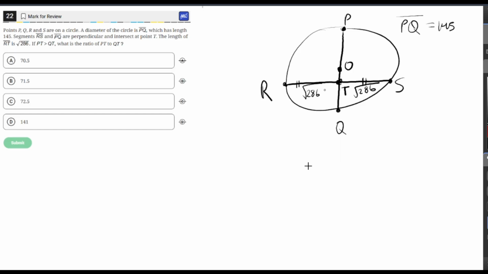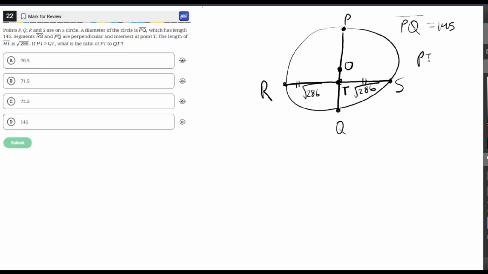So it's saying if PT is greater than QT, what is the ratio of PT to QT? So how do we get the length of PT versus the length of QT? Well, notice that PT is just the radius of the circle plus this length OT. And QT is the radius minus the length OT. So we can make a quick equation.